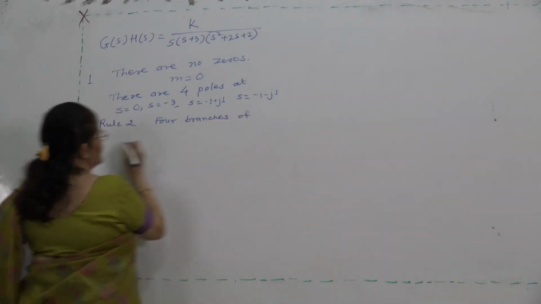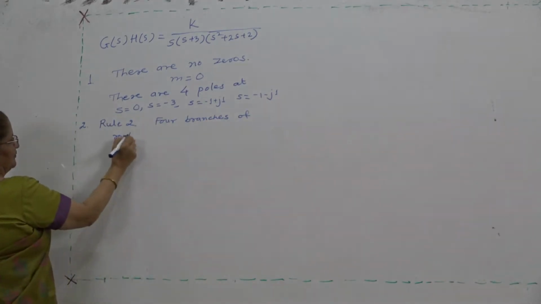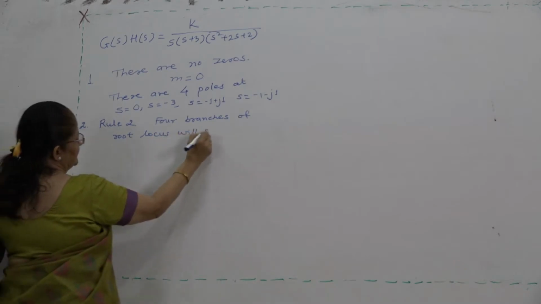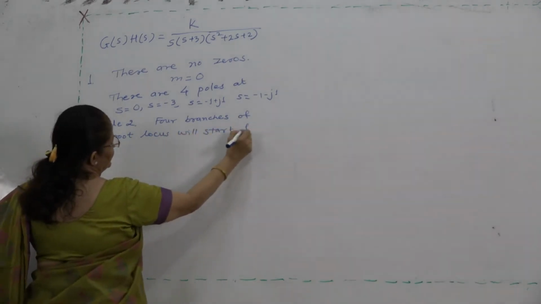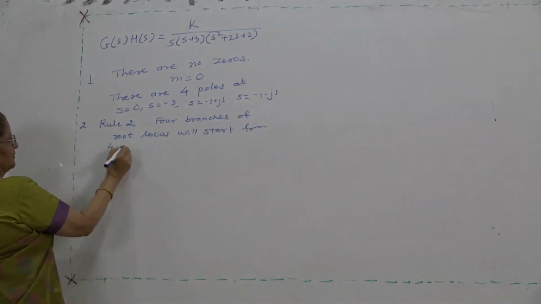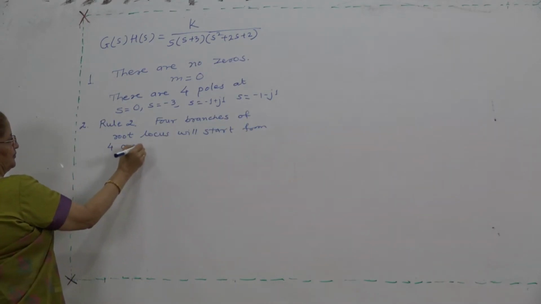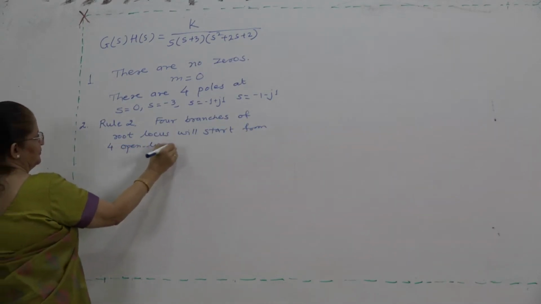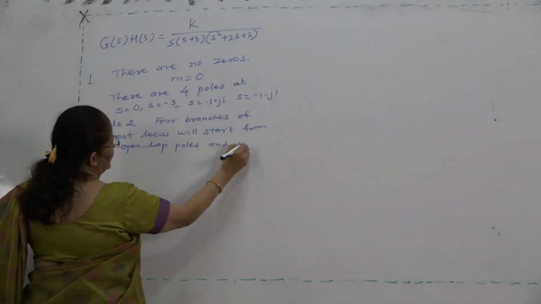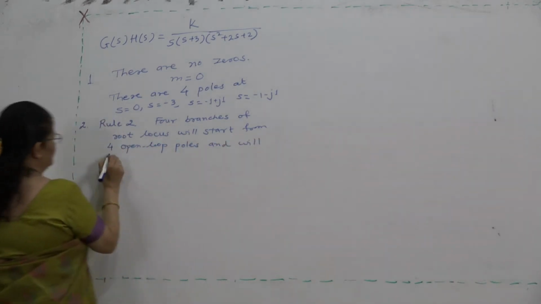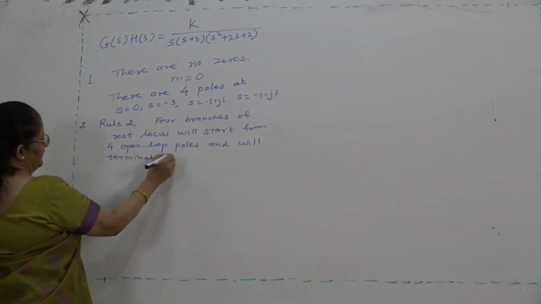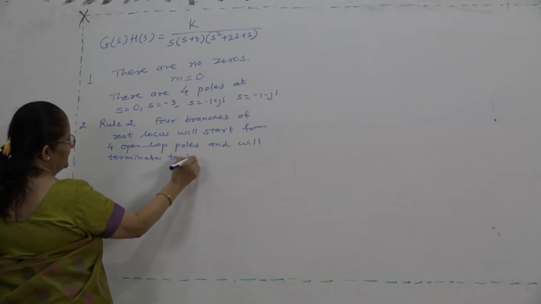of root locus will start from 4 open loop poles and will terminate at infinity.